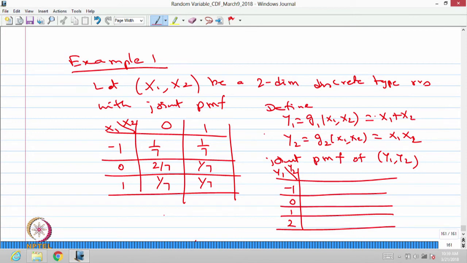Similarly, one can find the possible values of y2, that is -1, 0 and 1. Now you can start filling up.